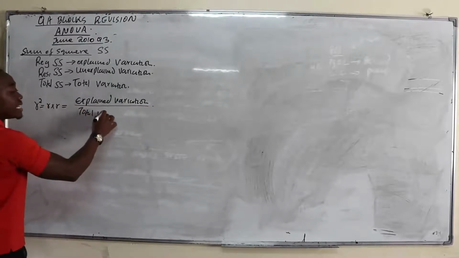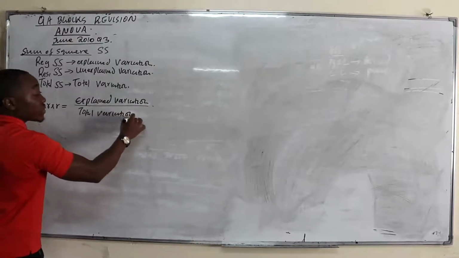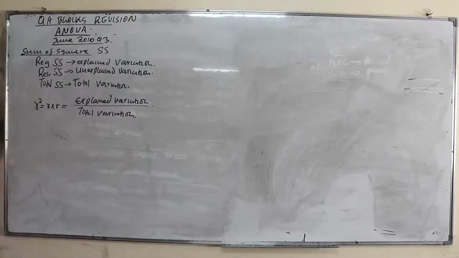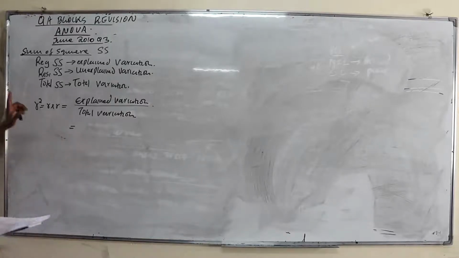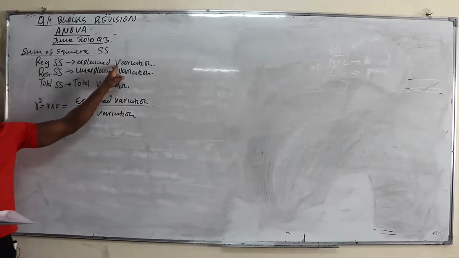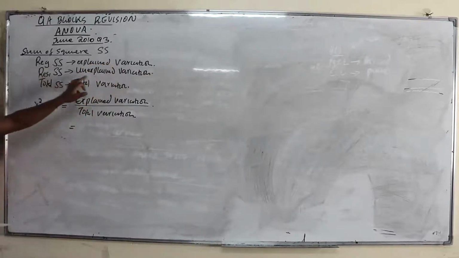Total variation. That's how we get the coefficient of determination. Good. Now I want us to try the same. We have said that the regression sum of squares is the same as explained variation, residual is the unexplained variation, and total SS is the total variation.